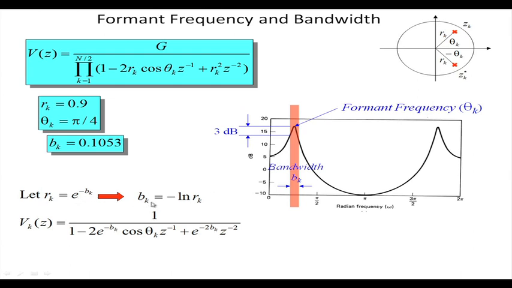So, B_k provides me the bandwidth, theta_k provides me the formant position. This information will be used when we develop the model using the linear prediction model for the speech production system.